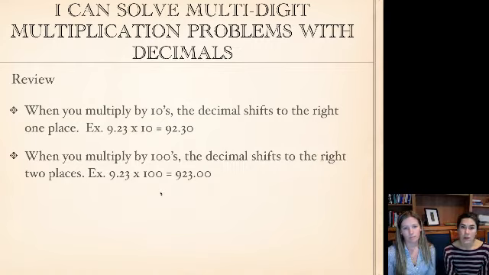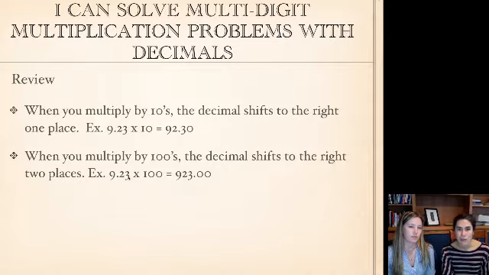Also, as you remember, if you multiply by 100, your decimal shifts not only one place, but two, because we have 2 zeros. Let's say we had $9.23. If we multiplied that by 100, we would now have $923.